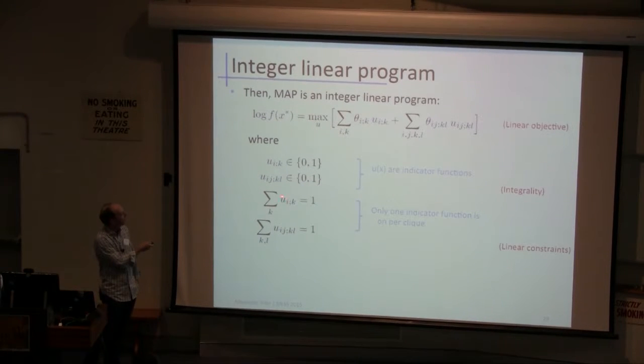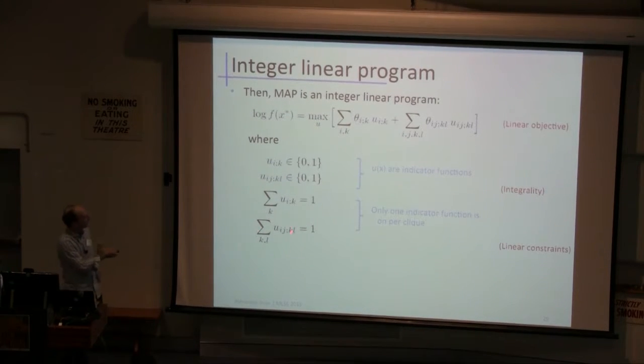We need for every variable x_i to take on exactly one value k. So if we sum over all the values of k, and they're binary, we should find that exactly one of them is on. Same thing for pairs. So if we look at each pair ij, that pair ij should take on some configuration. And so if we sum over all the configurations, we should find exactly one of them is on.